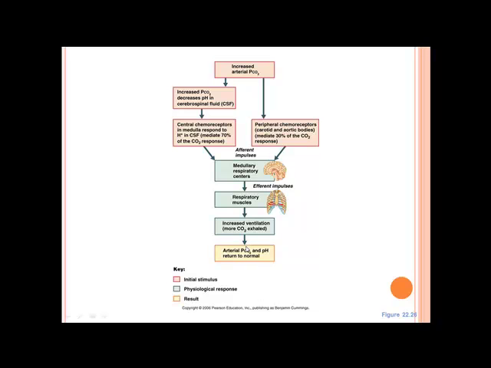You breathe, you inspire oxygen, and the partial pressure of carbon dioxide and pH will return to normal. Our peripheral chemoreceptors and central chemoreceptors will pick up on the same thing and go through the same steps. Medullary respiratory centers, time to breathe. You breathe, you get rid of that carbon dioxide, bring in the oxygen, and we return these to normal.